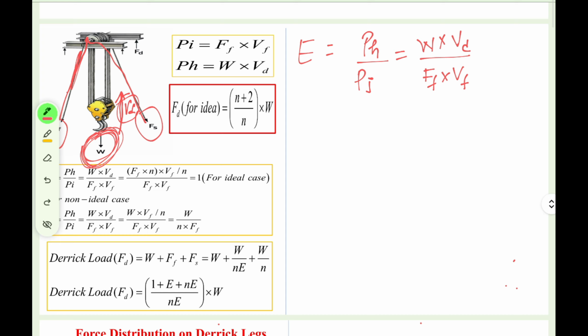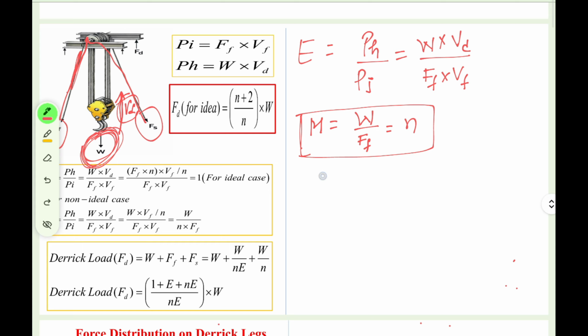So if you remember, from the mechanical advantage, mechanical advantage is nothing but W divided by the fast line load, which is equal to n. Do you remember this thing? Last class we discussed that when the number of ropes increases, the mechanical advantage also increases, right?